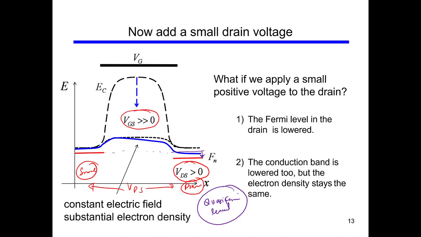You see now that the potential hill is not like this, but because of the application of drain voltage, VDS, it is something like this in the blue one. At the edge of the barrier that is near the drain, it is lowered compared to the source side.